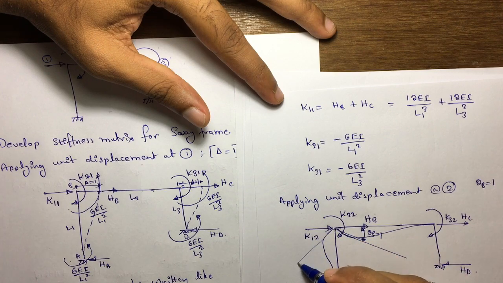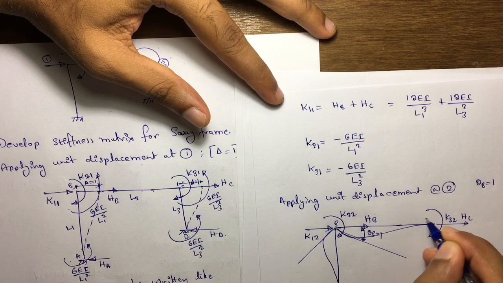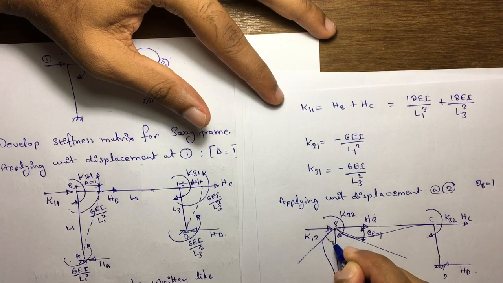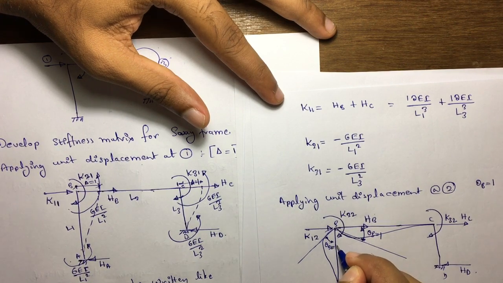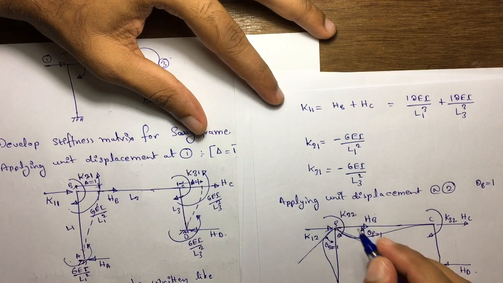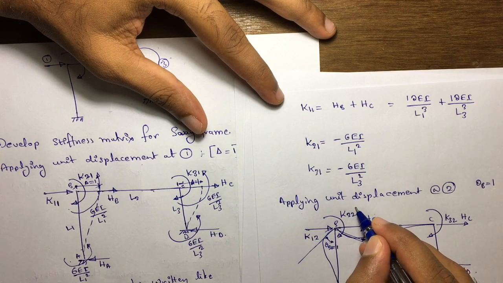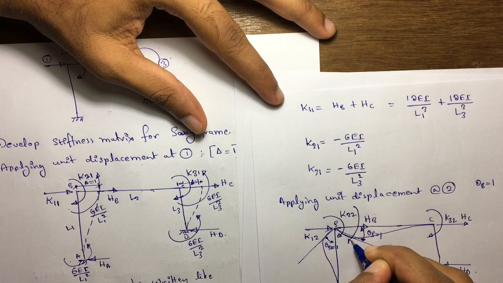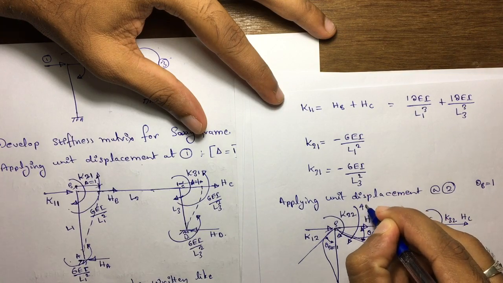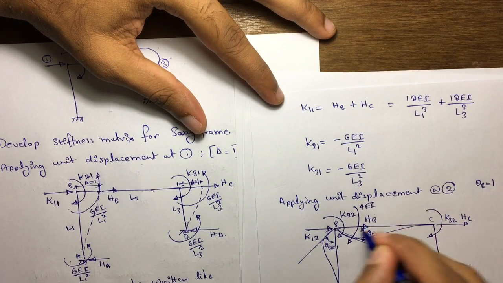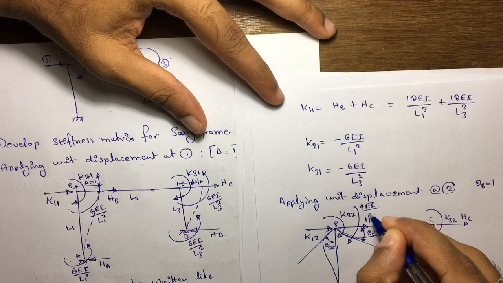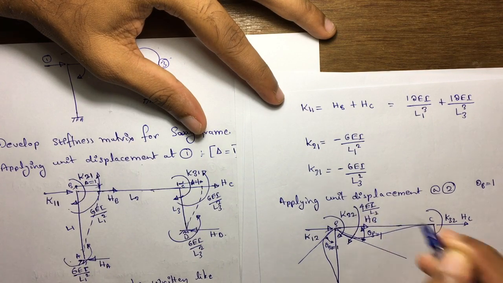At the same time we take these as A, B and C. So because of that deflection, moment is going to develop, that is, as we know, 4EI on this beam L2.